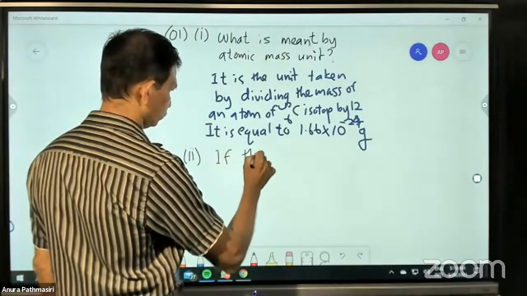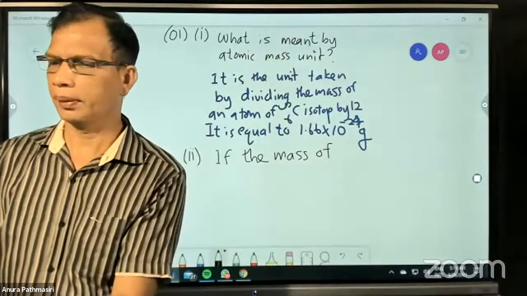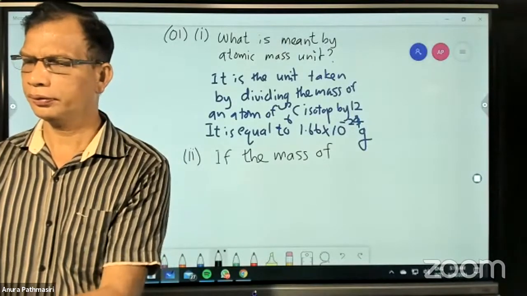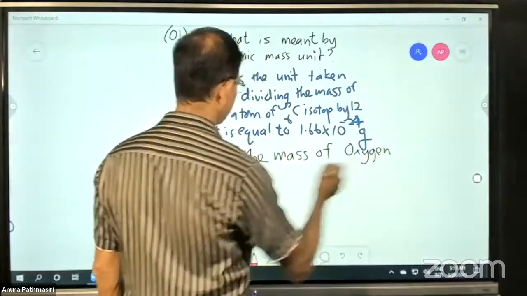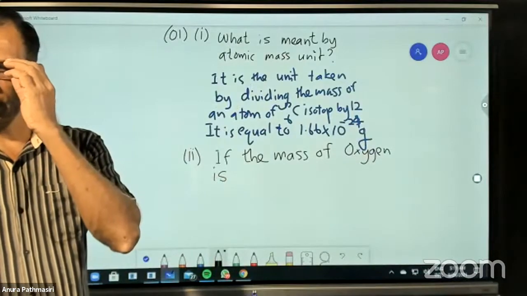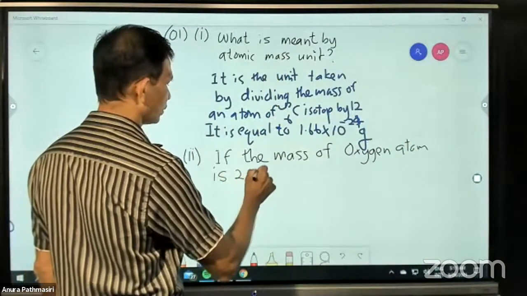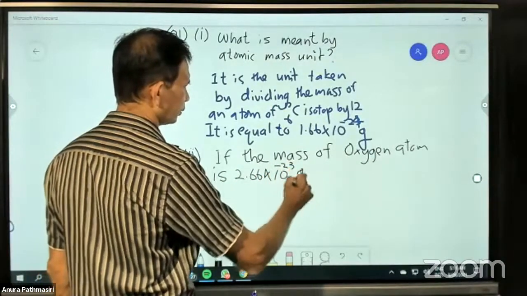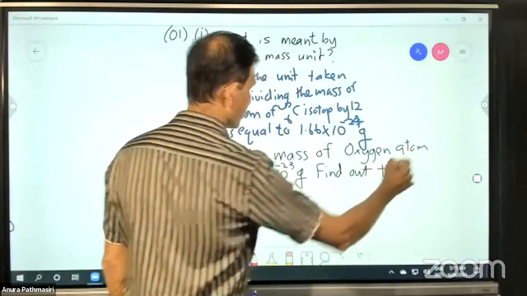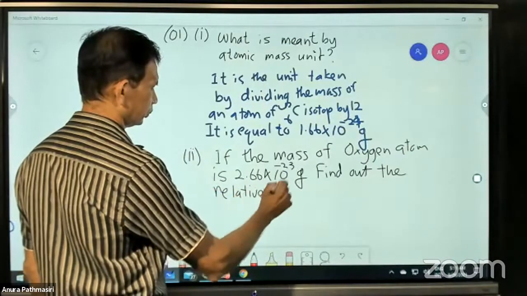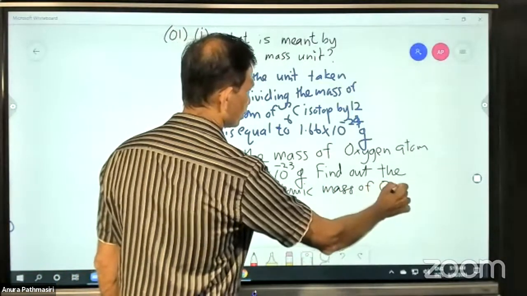If the mass of an oxygen atom is 2.66 times 10 to the power negative 23 grams, find out the relative atomic mass of oxygen.